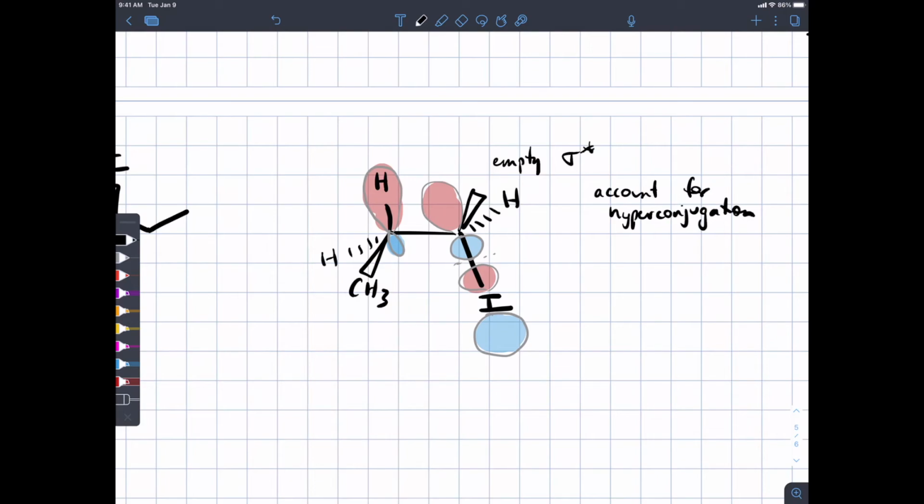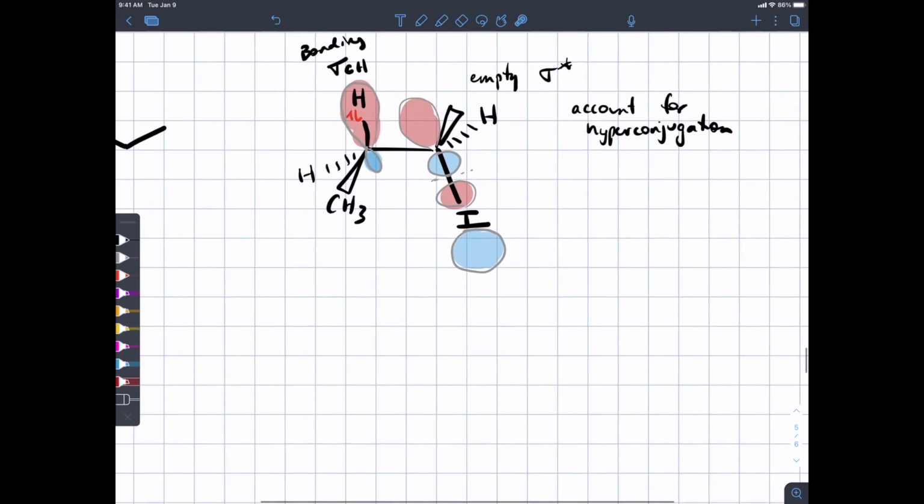So this is the sigma star, and this is the carbon-hydrogen filled sigma bonding orbital. It's got electrons in it. The one here is a bonding orbital. The one here is an empty antibonding orbital.